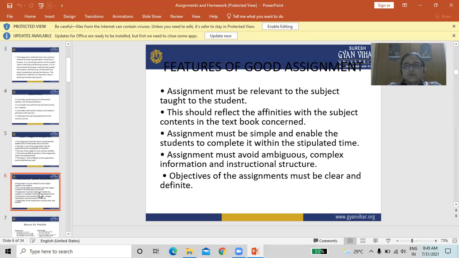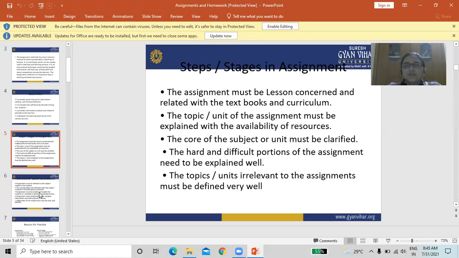These are the steps or stages in assignment.